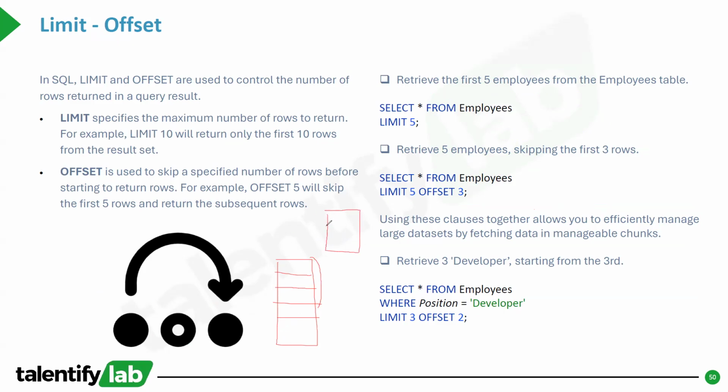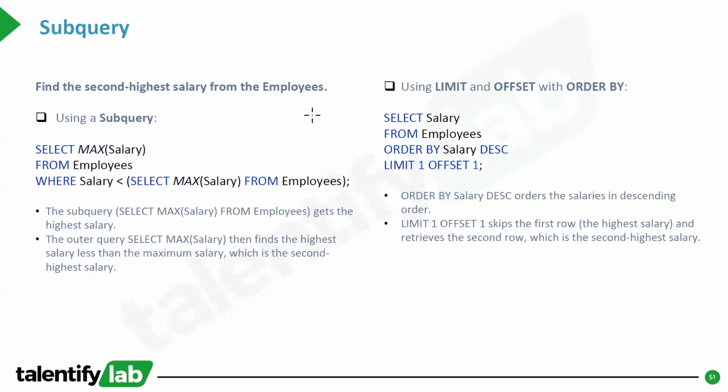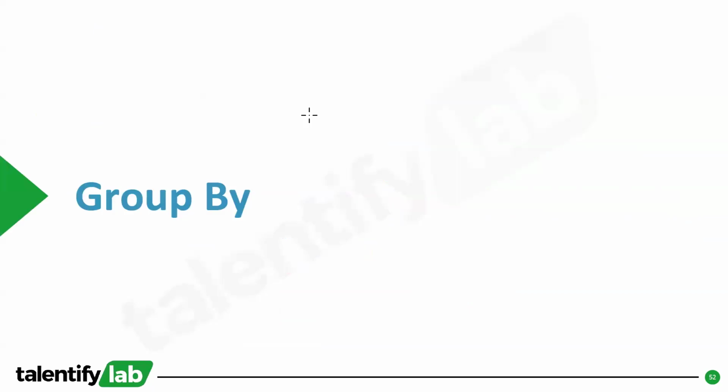Then over here, if I want to get only the first three rows, I can use limit. Okay, it will just return us the first 3. And from the first 3, if I like, I can skip 2 and get the 3 directly. Okay, limit 5 offset 3, you can use it in this way. All right, that covers subqueries and offsets.